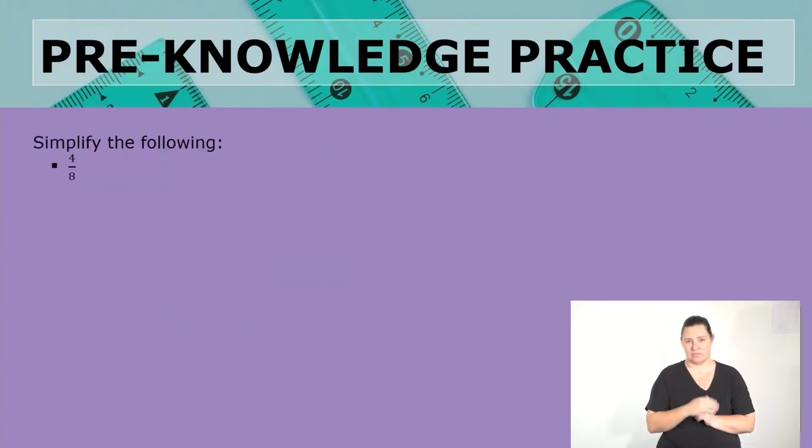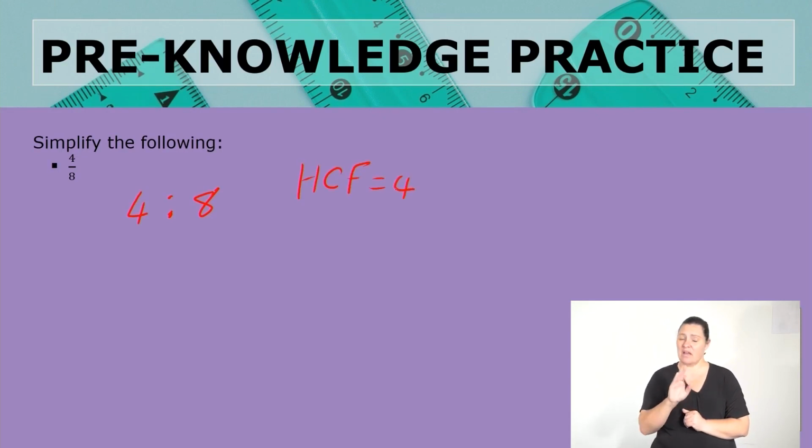Now let's use that HCF to simplify the following. I've been given here 4 eighths. So we are going to simplify that. Now 4 eighths also can be written as a ratio. That is 4:8. We are going to use our HCF to simplify that. Remember, our HCF was 4. So what am I going to do with this 4?